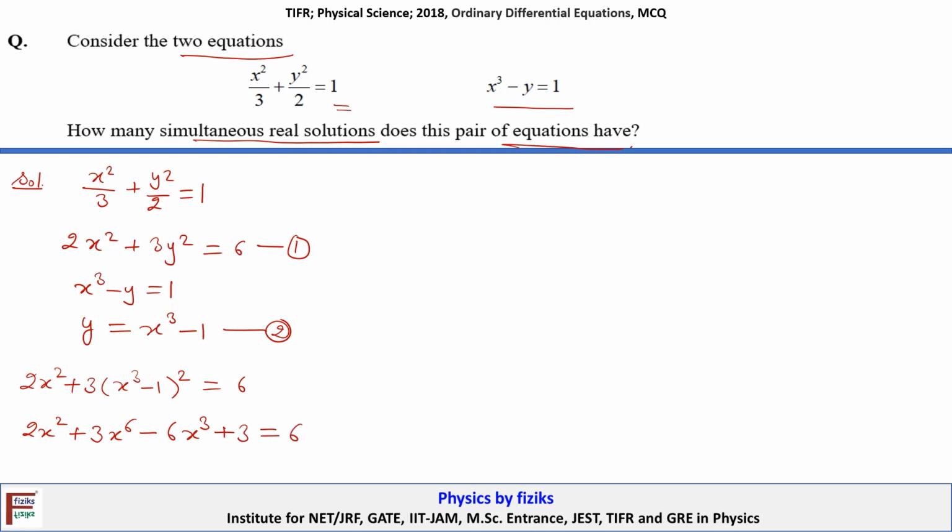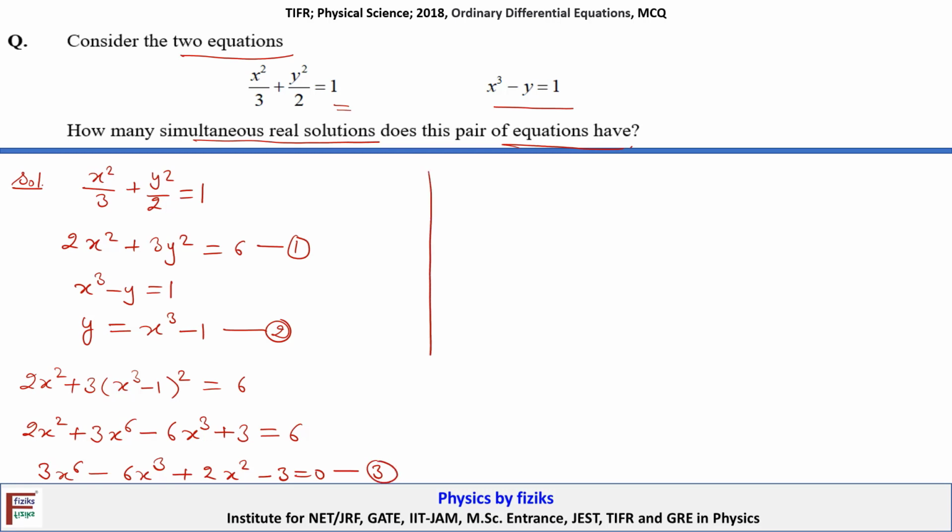On simplifying this, we can write it as 3x to the power 6 minus 6x cubed plus 2x squared minus 3 is equal to 0. This is our final equation.